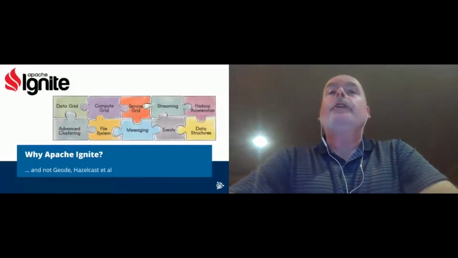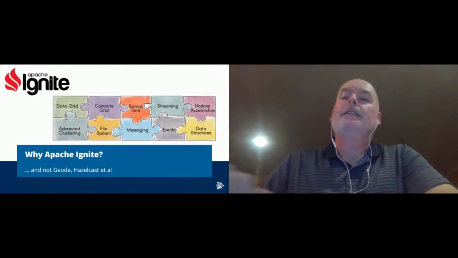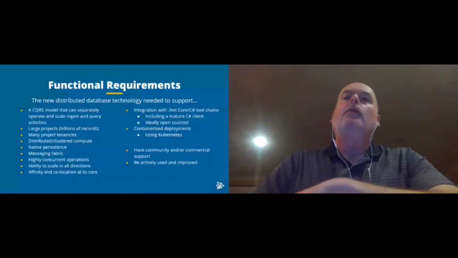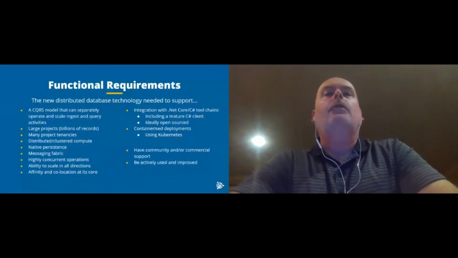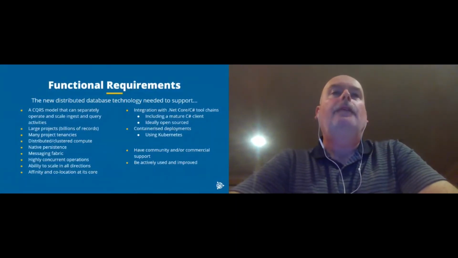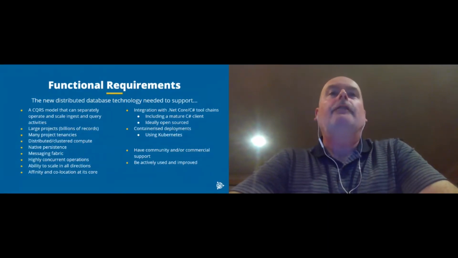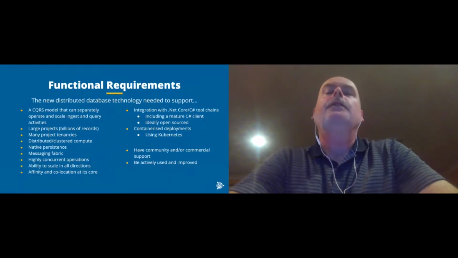So why did we choose Apache Ignite and not Geode or Hazelcast or any of the other competitors? We had a set of requirements, and these requirements closely matched our previous platform. And the reason for that is that those requirements really were what we needed. So our needs hadn't changed a lot, and we were searching for a tool that met those needs.